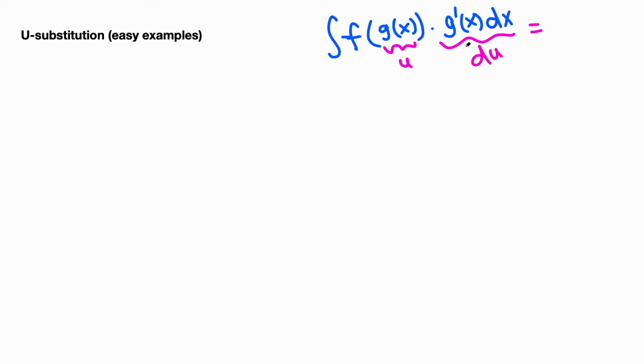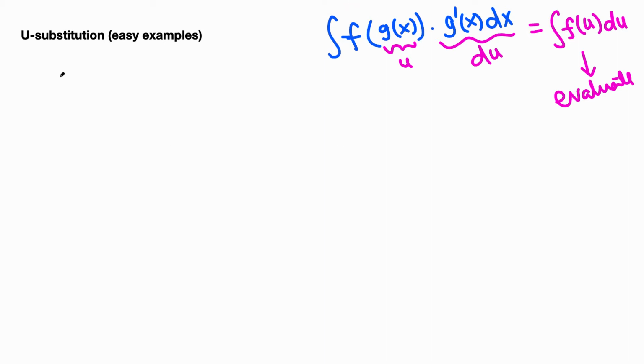Then we can simply write this as f of u du. Then we can evaluate from here. That's the whole idea of u substitution.